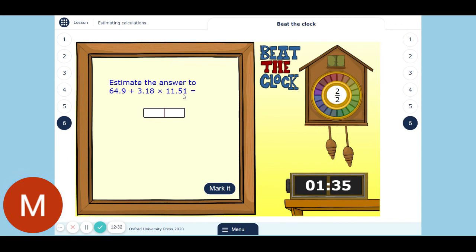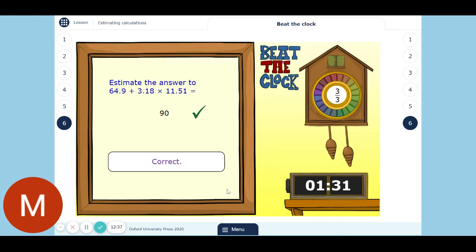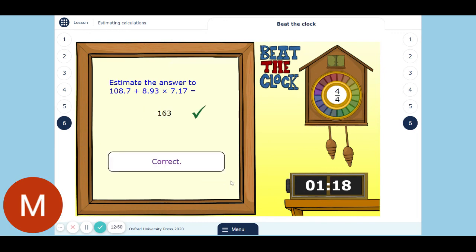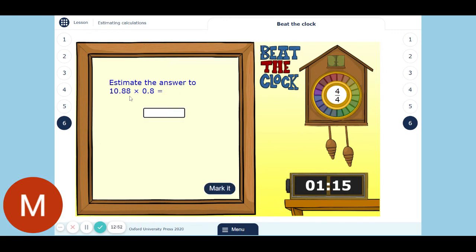3 times 10 is 30. 30 plus 60 is 90 again. 9 times 7 is going to be 63. 63 add 100, 163. You get the idea. 10 times 0.8 is going to be 8. 0.9 times 8 is going to be 7.2.